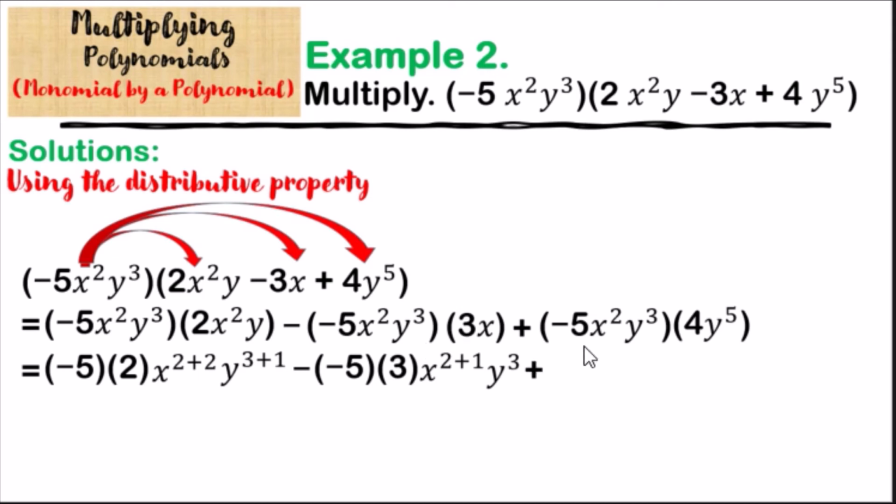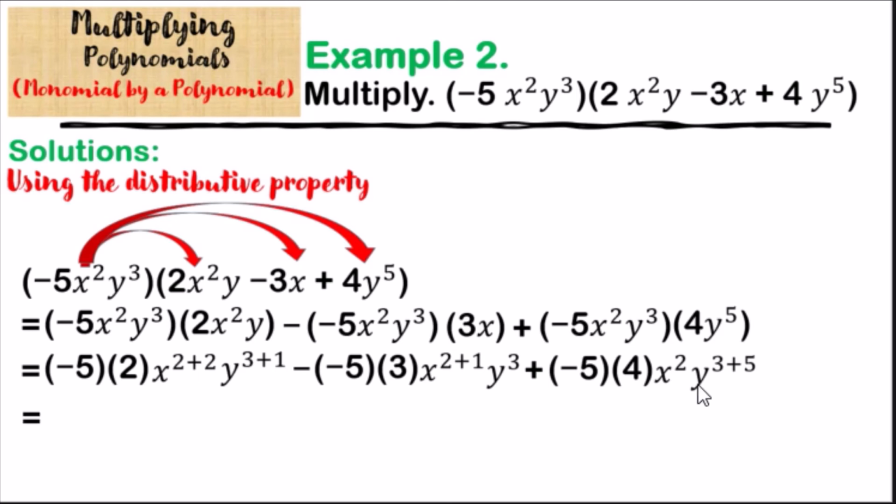Plus multiply the numerical coefficient together here, negative 5 times 4. And we do not have variable x here, so we just simply copy your x squared. And multiply your y cubed times y raised to the 5th power, copy the common base, which is y, and add the exponent, that is y raised to 3 plus 5.